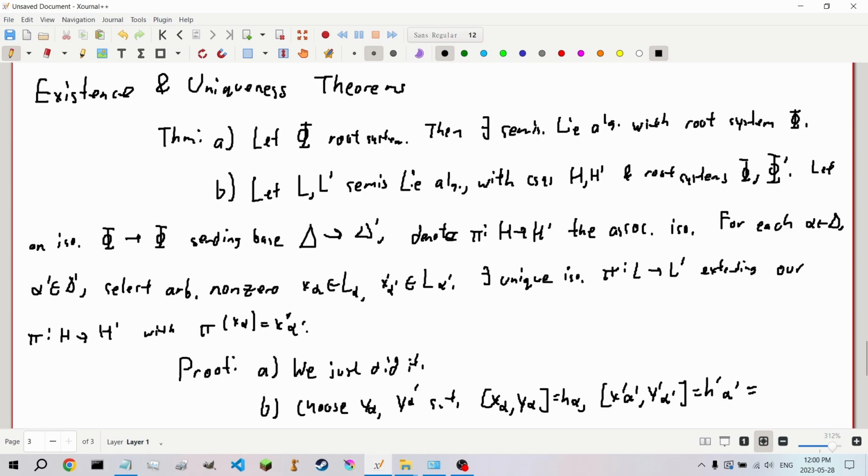And this one is actually going to be equal to pi of h alpha.